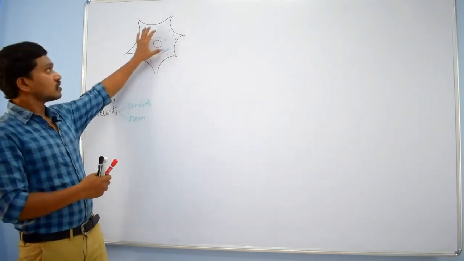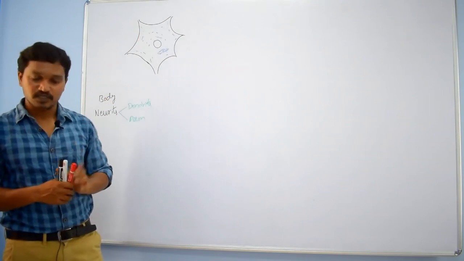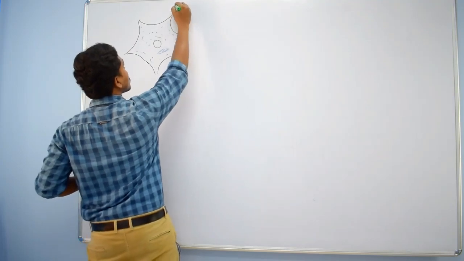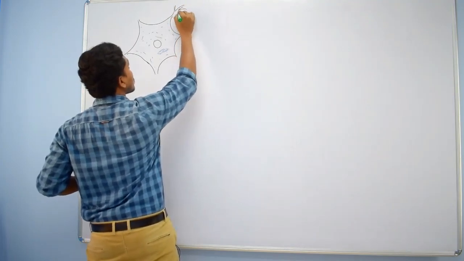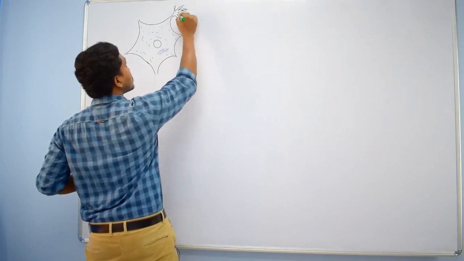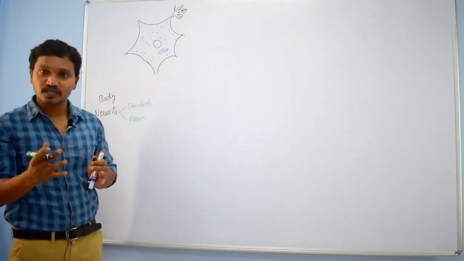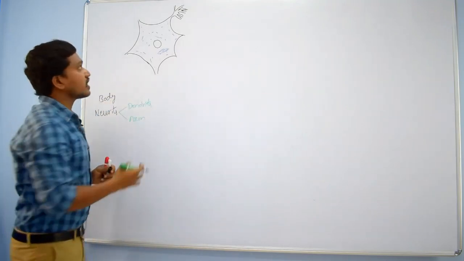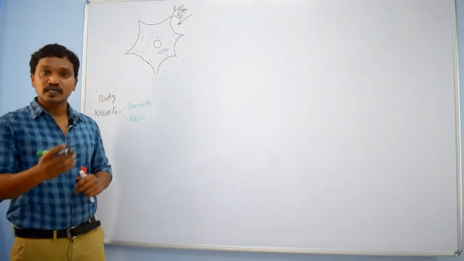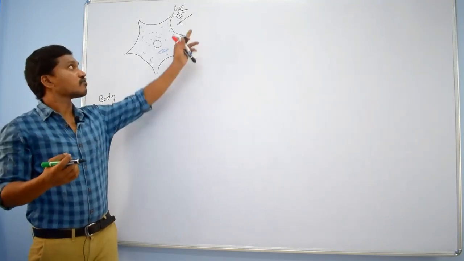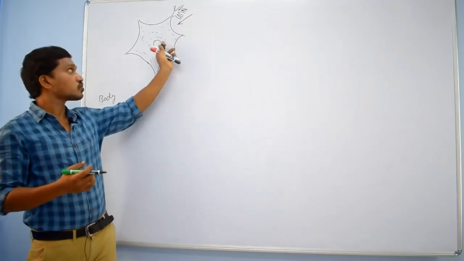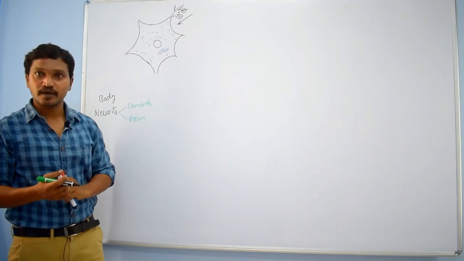Clear? Now we will see dendrites first. Dendrites are short, branched, and afferent. Afferent means they carry impulses from the periphery towards the center, that means from the periphery towards the cell body, right?